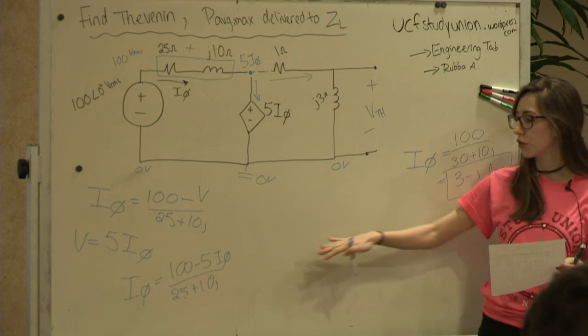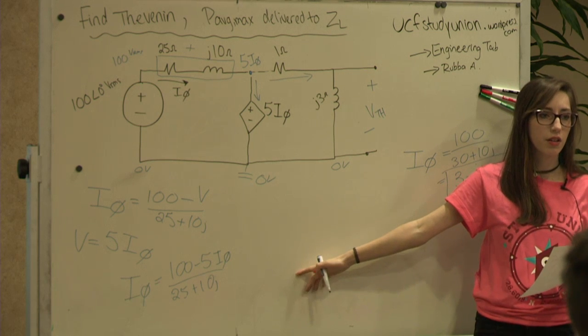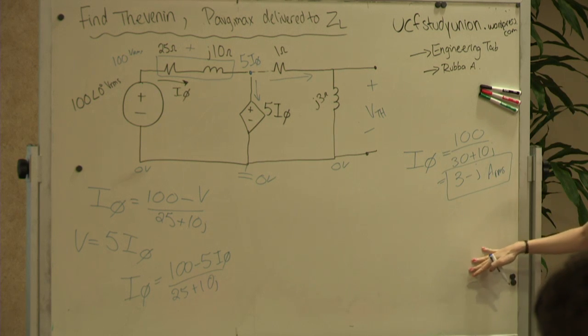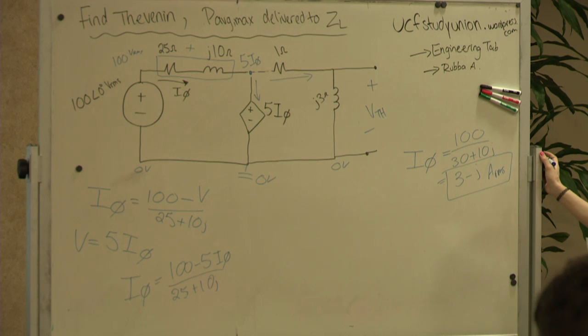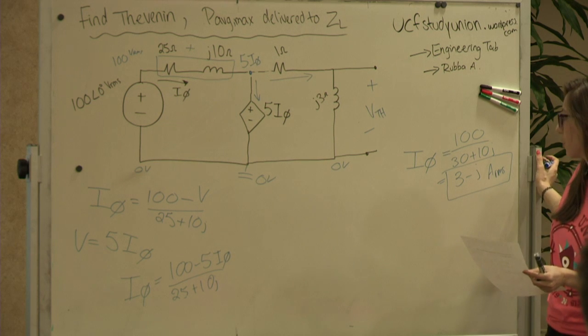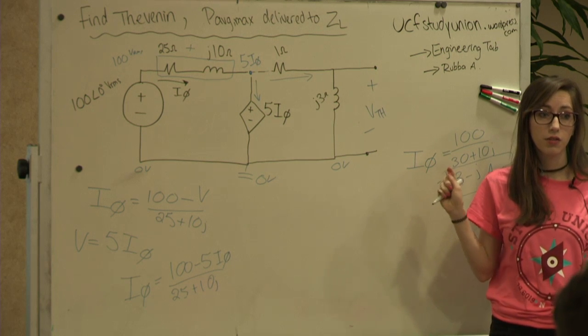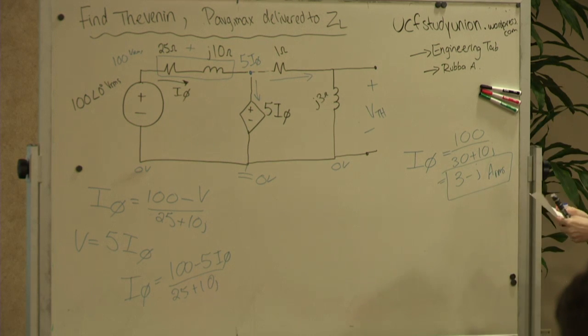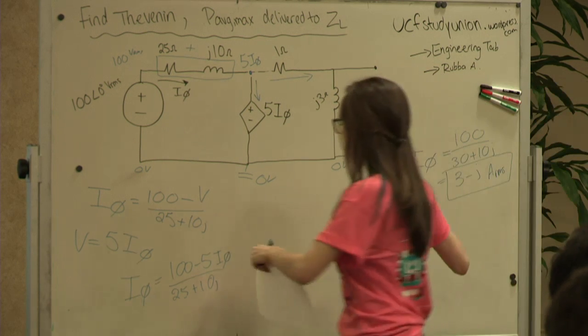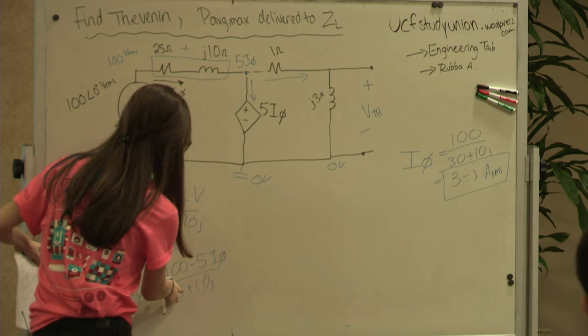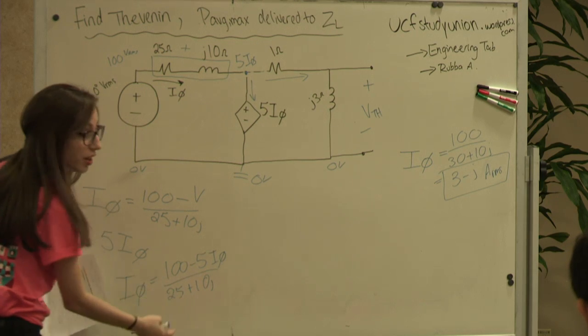Does anyone want me to go over the conjugate math for that? I usually plug it in my calculator, and I can show you after if you want to know how to do that. But I can go over the conjugate math. Is there anyone that wants me to go over the math for that? No? You guys good? I'll just show you, I won't go through the whole steps, but basically what you do is you want to multiply by the conjugate.